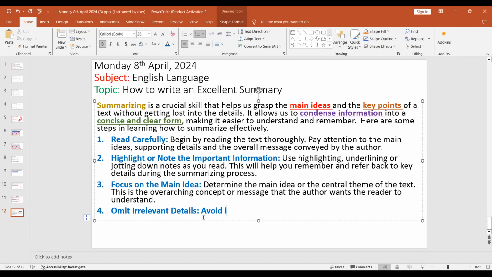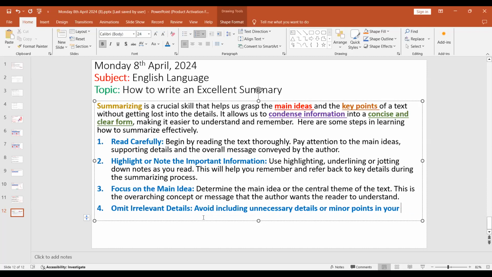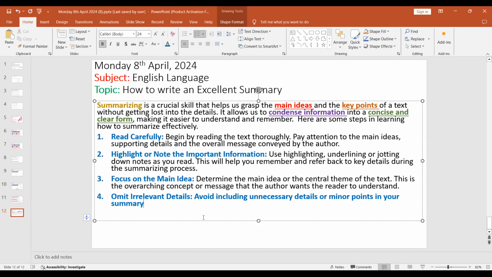You want to avoid including unnecessary details or minor points in your summary.